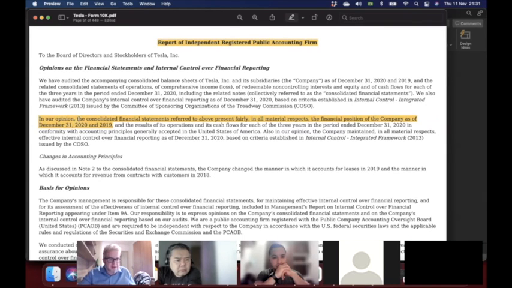In our opinion, the consolidated financial statements referred to above present fairly, in all material respects, the financial position of the company as of December 31st, 2020 and 2019. So what do they mean here?